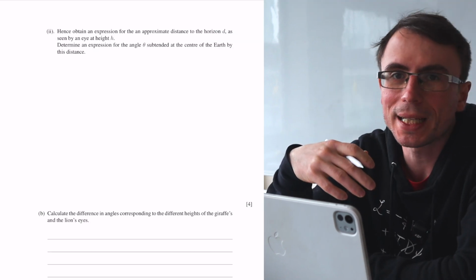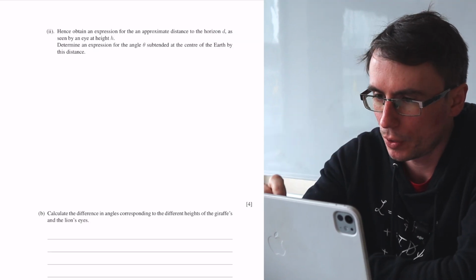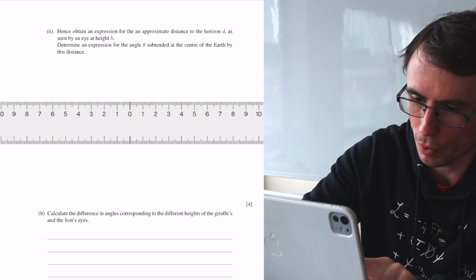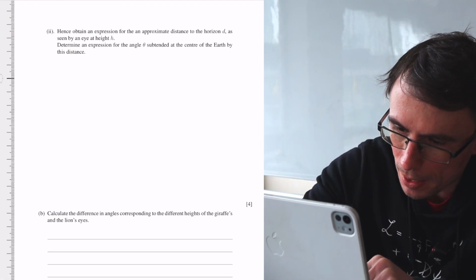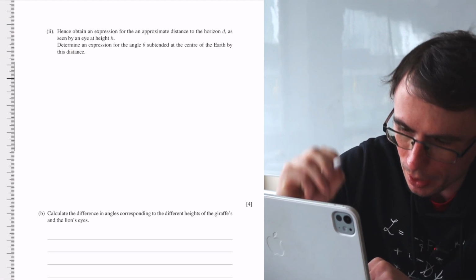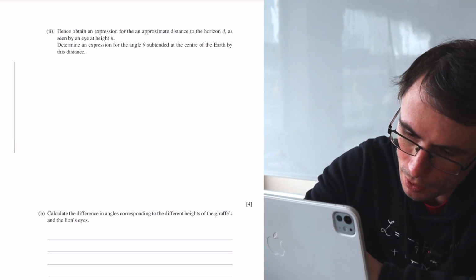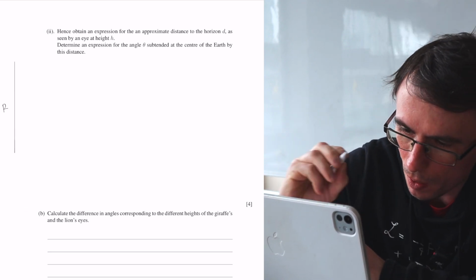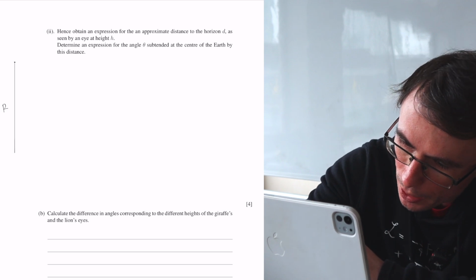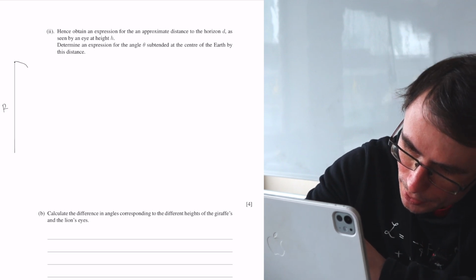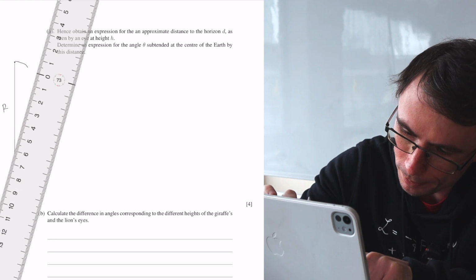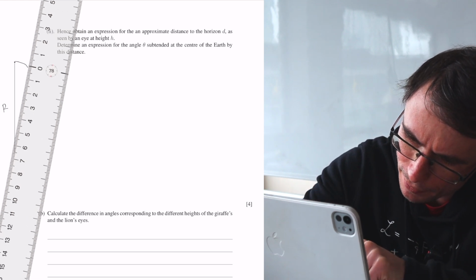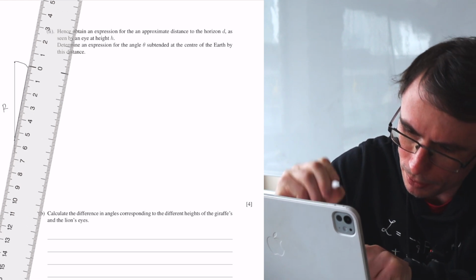This diagram is really connected with the next part of the question, so let's just draw this over here. Well, imagine that you have the radius of the Earth. Let's call this R, and we have some curvature. This angle here is going to be pretty small, and this diagram is definitely not going to be up to scale.